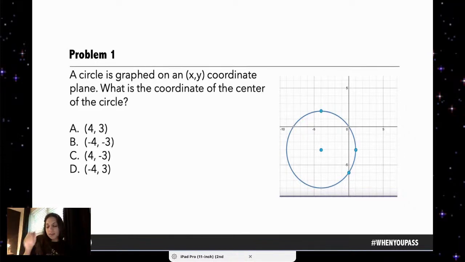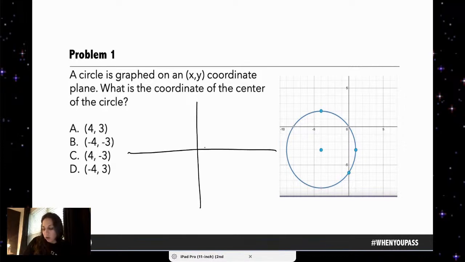So a quick little rabbit trail, because we do have quite a few elementary people in this room. If I were to draw an XY coordinate grid, what I want you to remember is that the x-axis is the one that is horizontal, and the y-axis is vertical.